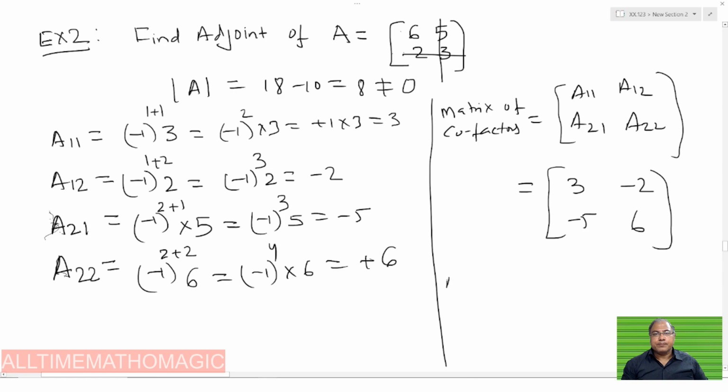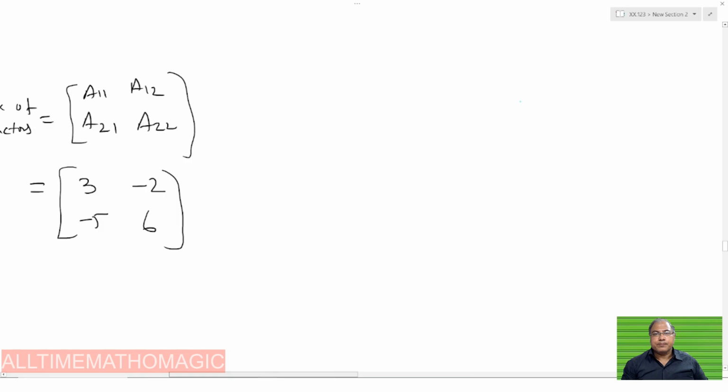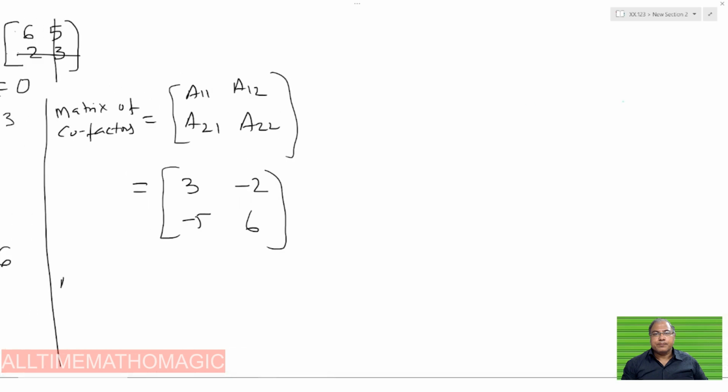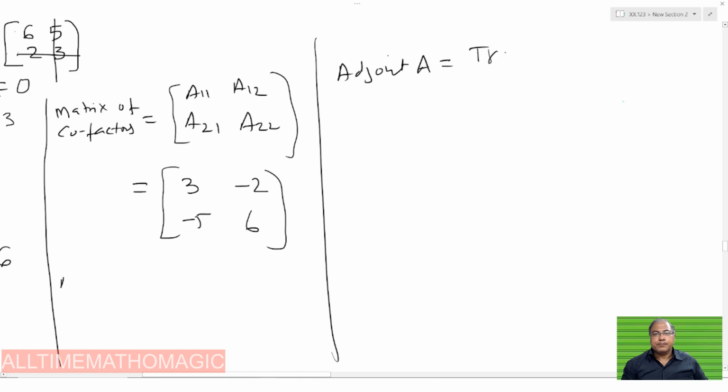Now adjoint is nothing but the transpose of the matrix of cofactors. So how to find that? Here we have the matrix of cofactors. So adjoint A is nothing but the transpose of the matrix of cofactors.